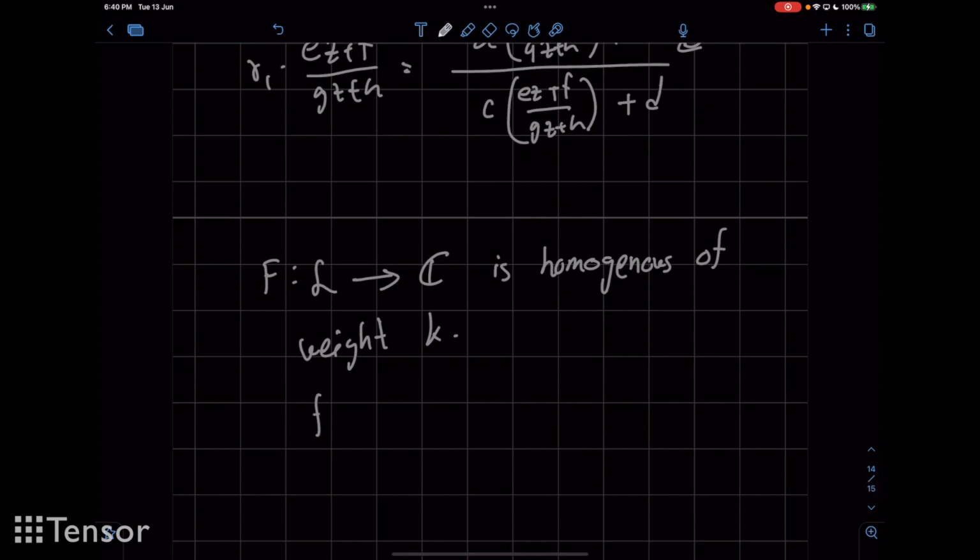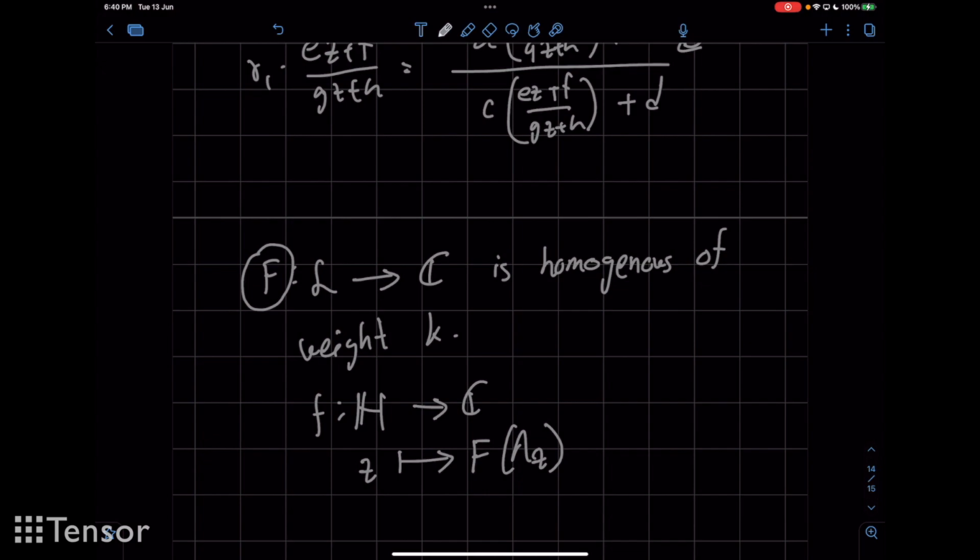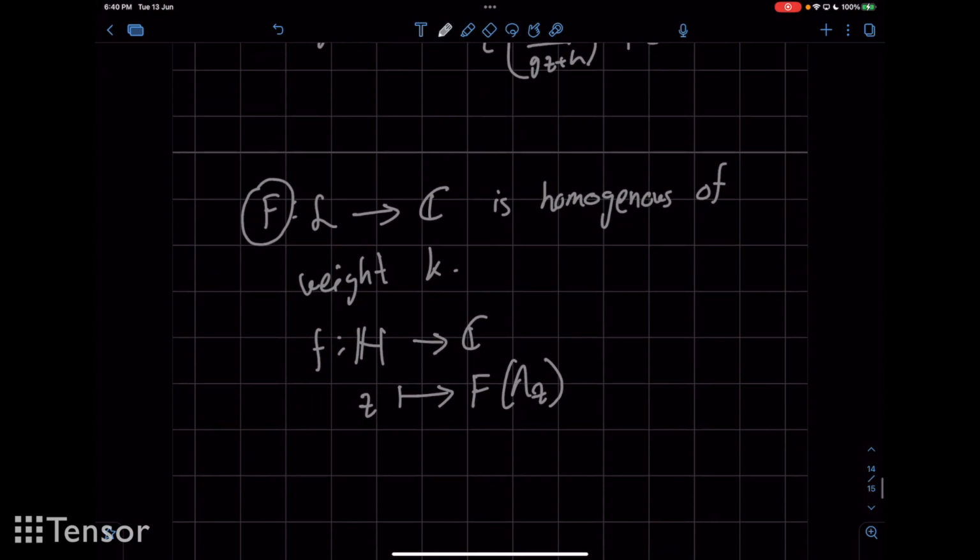And we have seen that given such an f, we can define a function on the upper half plane, that is given by this. Since we have defined a group action on the upper half plane, now we can check how the group action is related with this function.